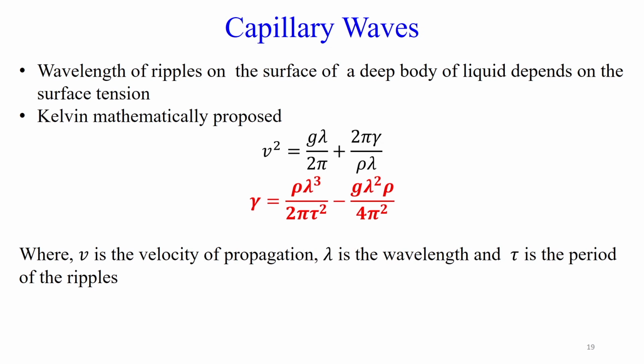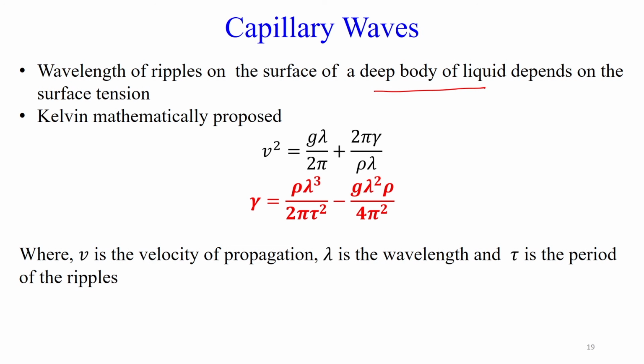So, the next method is the capillary wave. What it says is, if you have a liquid in another liquid, or a drop of liquid into a deep body of liquid, the wavelength of the ripple on the surface or interface depends on the surface tension. It means the surface tension will decide the wavelength of the ripple at the interface if you are putting a drop into another liquid.